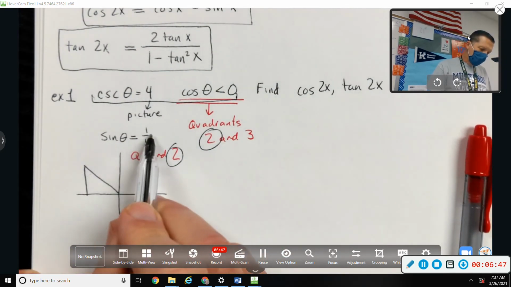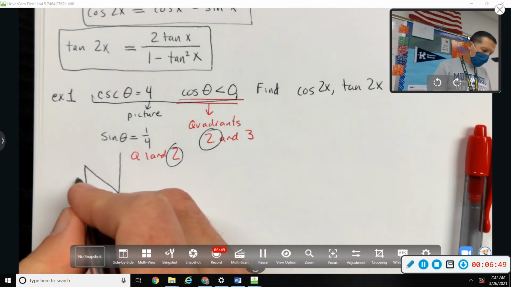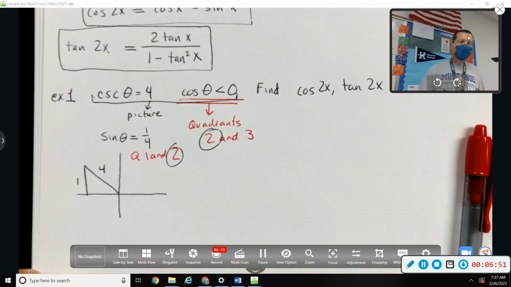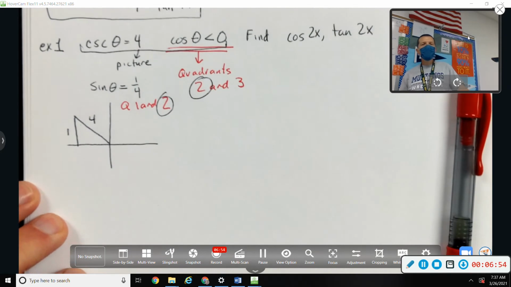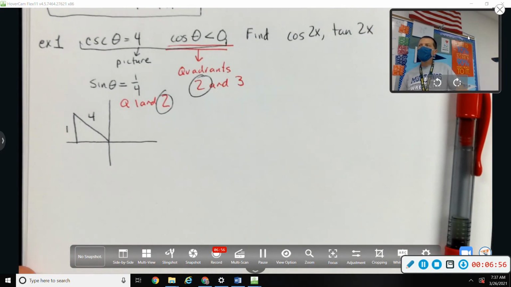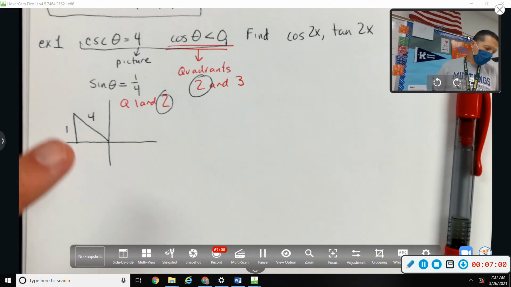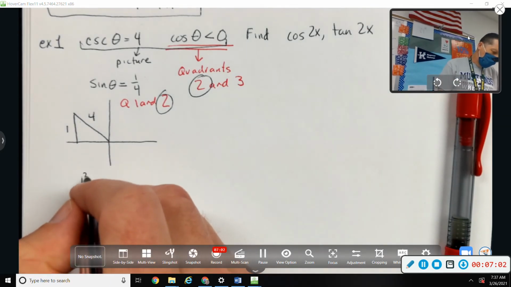So sine is opposite over hypotenuse. Opposite over hypotenuse. The missing side, oh, this is not a nice one. We got used to those nice Pythagorean triples on the quiz, but this is not a Pythagorean triple.